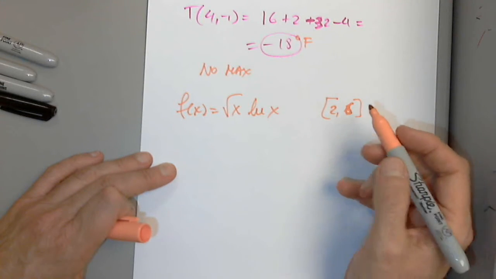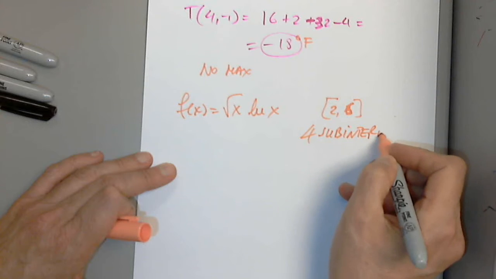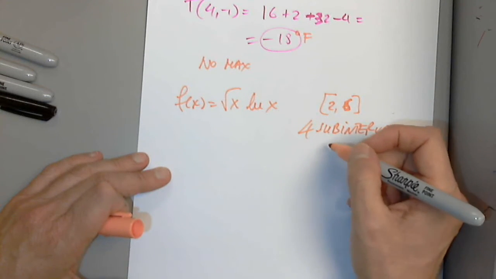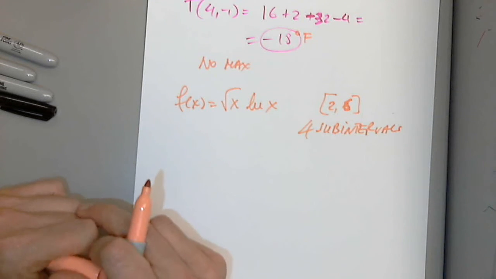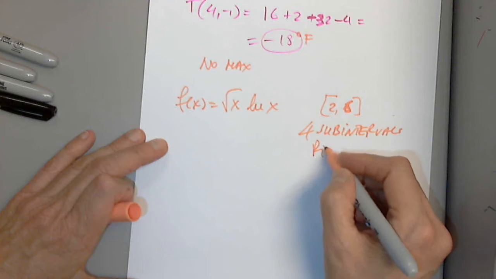And let's say 4 subintervals. And let's say leftmost point, rightmost point, or midpoint, whichever you want. Rightmost.